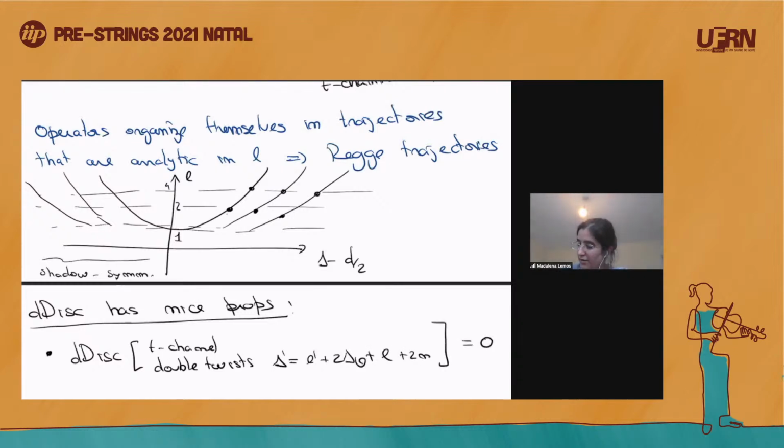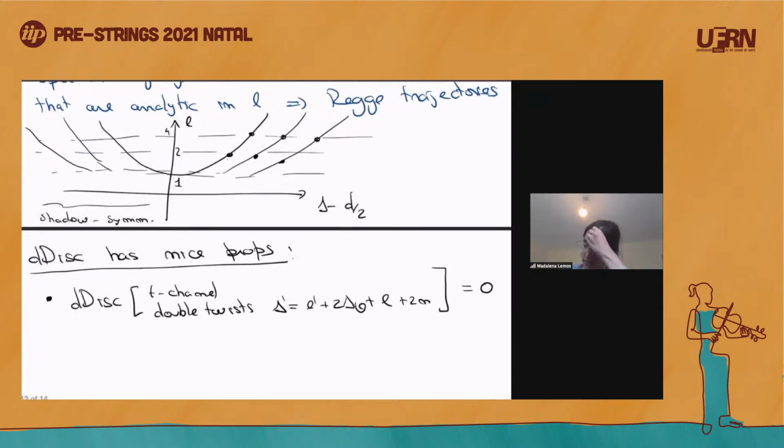So what does this mean? This means that if I'm studying some theory perturbatively around a point where the theory is essentially free or generalized free, in which all operators are exact double twists because it's a free theory, then in the exactly free or generalized free point, the only operator with a non-zero d-disc, and maybe let me write it as I was doing before, is the identity.